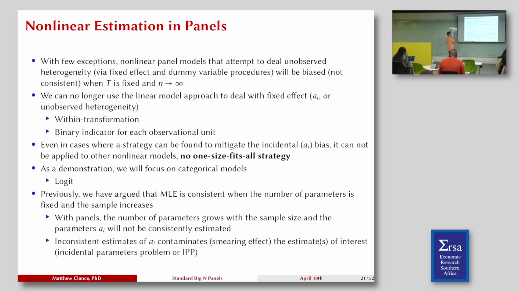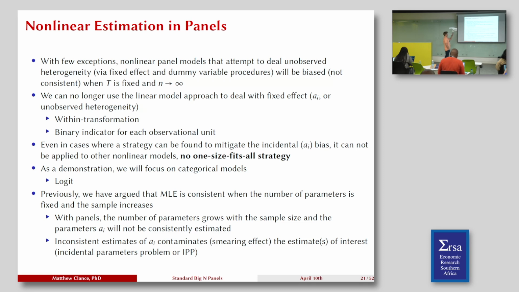Okay, so for nonlinear panels, this is where we have a little bit of an issue, because remember that we have a lot of models in here that use MLE or other types of methods, and there is no exact solution to these for the most part. A lot of times we're basically using numerical methods in the estimation procedures.